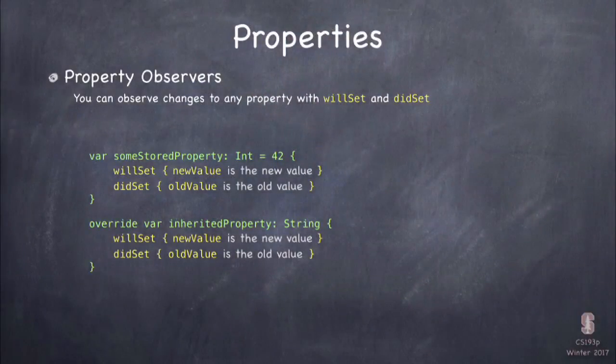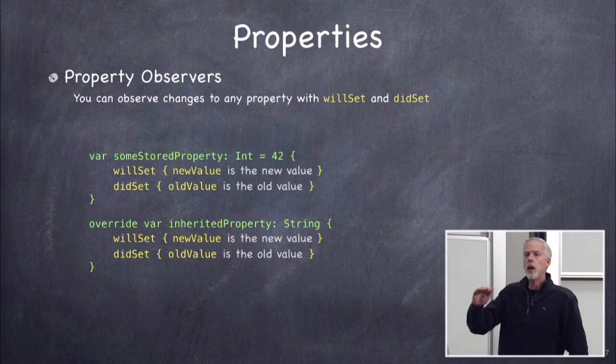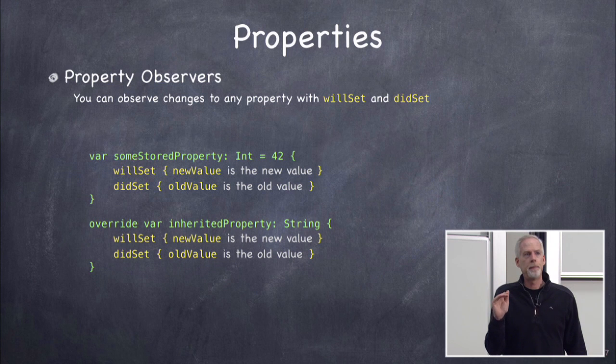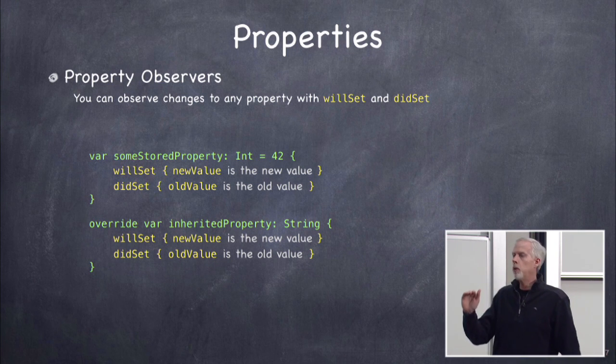All righty. Properties. So you know all about properties, right? We saw computed properties like display value in our calculator. There's actually some really cool features on properties. One of the most interesting ones is property observers. So what is a property observer? A property observer is a little piece of code that will get executed when your property changes. Anytime your property changes, this little piece of code can get executed.